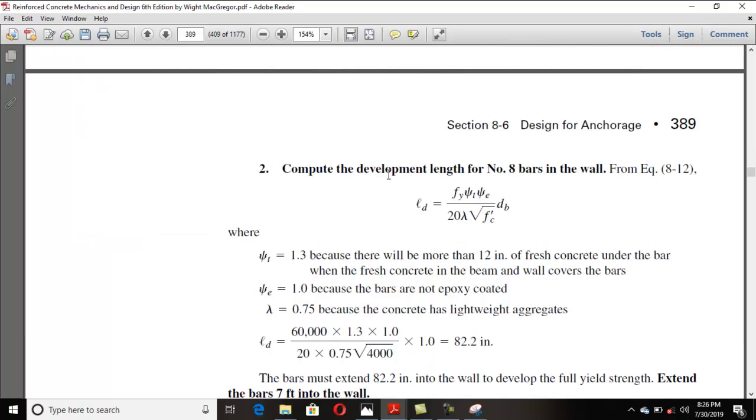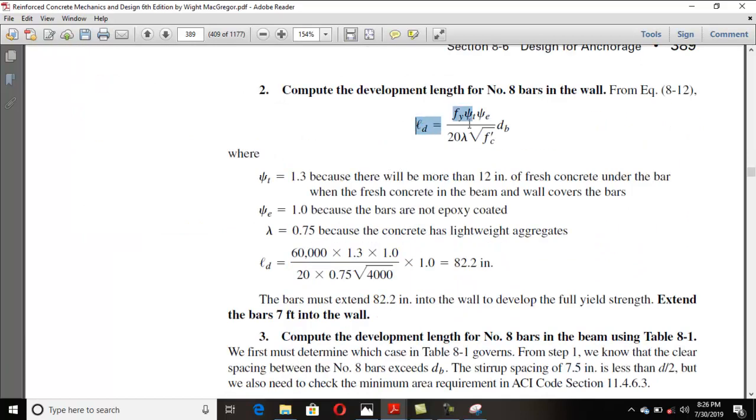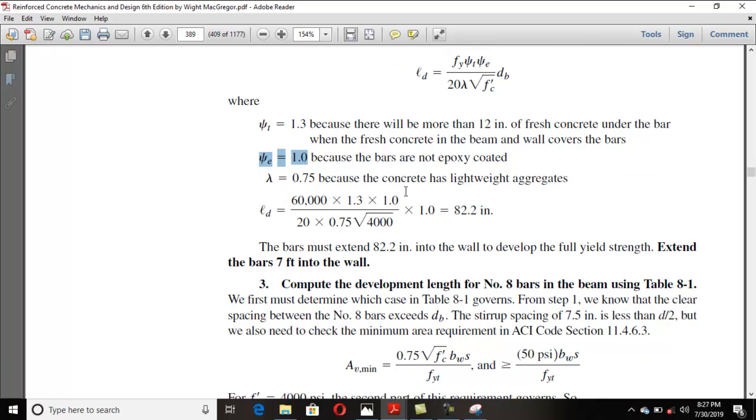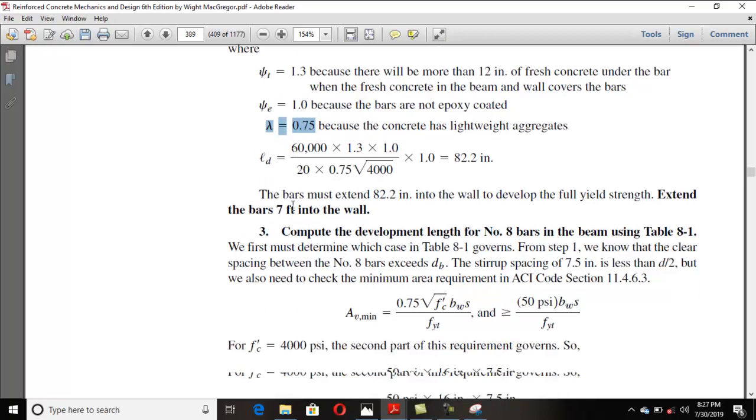So using the development length formula, from case number 1, you know that it is top reinforcement, so your factor will be 1.3. There is no epoxy, so therefore the epoxy coating factor will be 1. As there is a lightweight concrete, that is sand based concrete, your lambda factor will be 0.7.